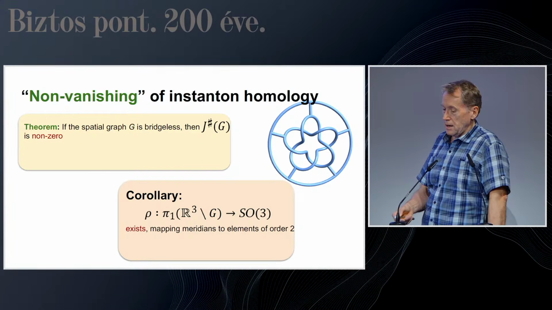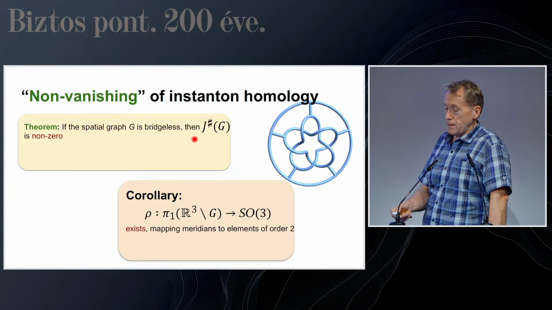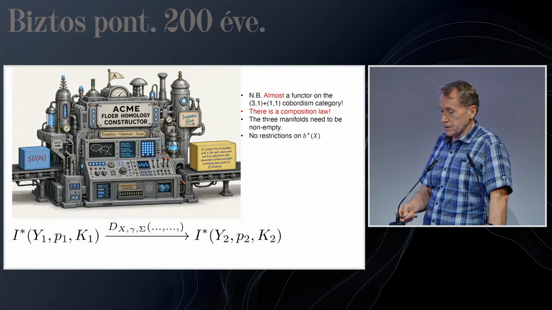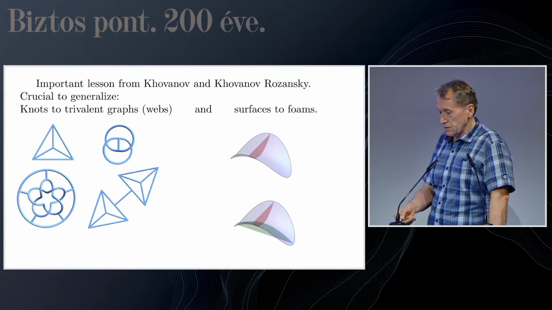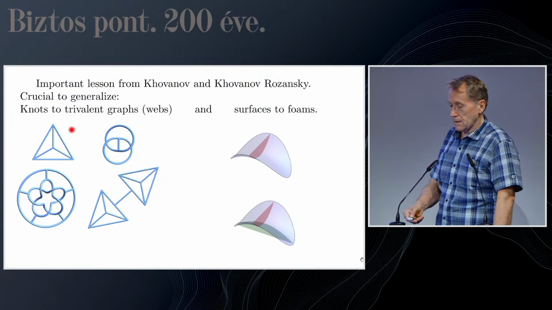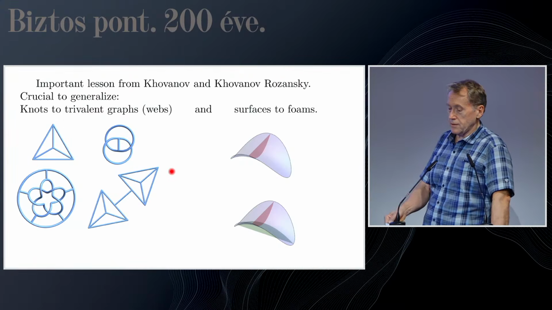One of the theorems we proved in that paper is about spatially bridgeless graphs. Let me go back to my pictures of these guys. So here are these trivalent graphs, which I'm thinking of in 3-space.